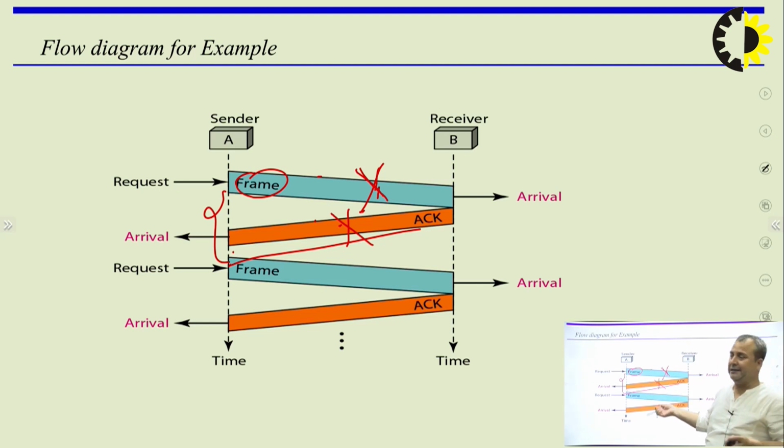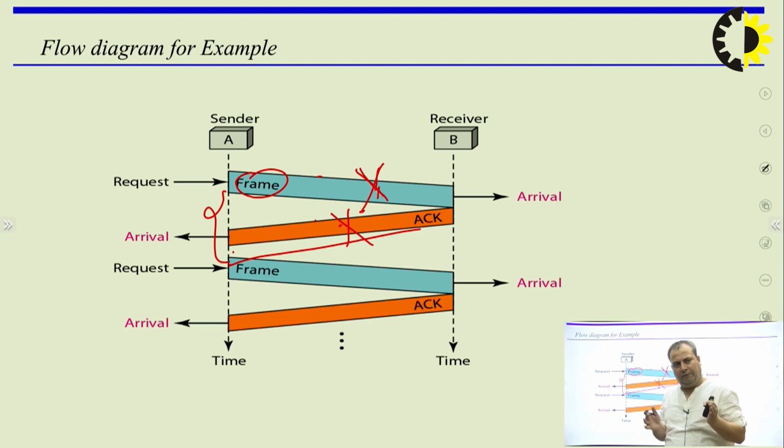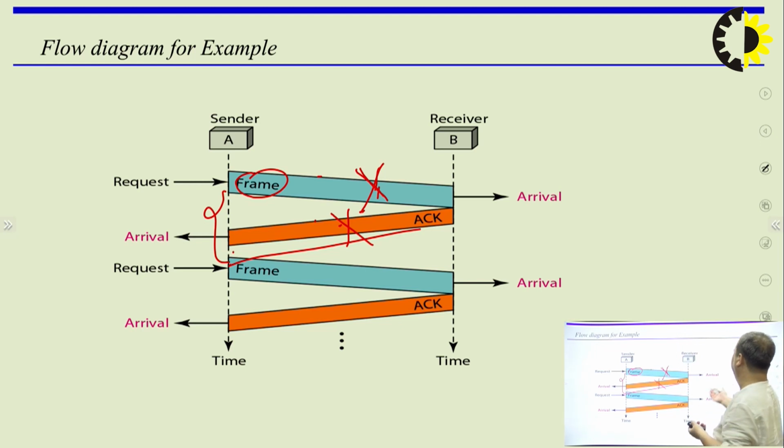But in the next technique, without receiving the ACK, the sender starts sending some frames, and once the ACK comes, that particular window slides. This is the way, and you can find channel utilization, transmission time, and so on by formula.